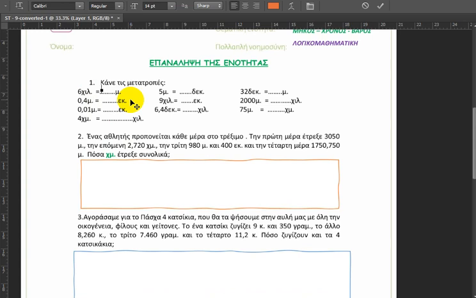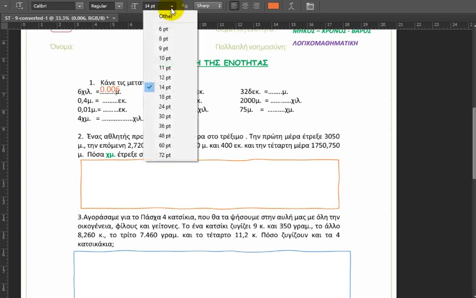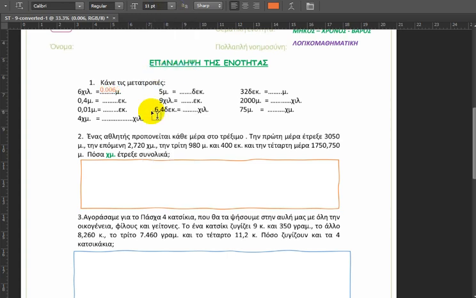6 millimeters into meters, so divide by 1,000. That would be 0.006. Let's make these a little smaller because they're not going to fit. Then we have 0.4 meters into centimeters, so times 100 gives me 40.